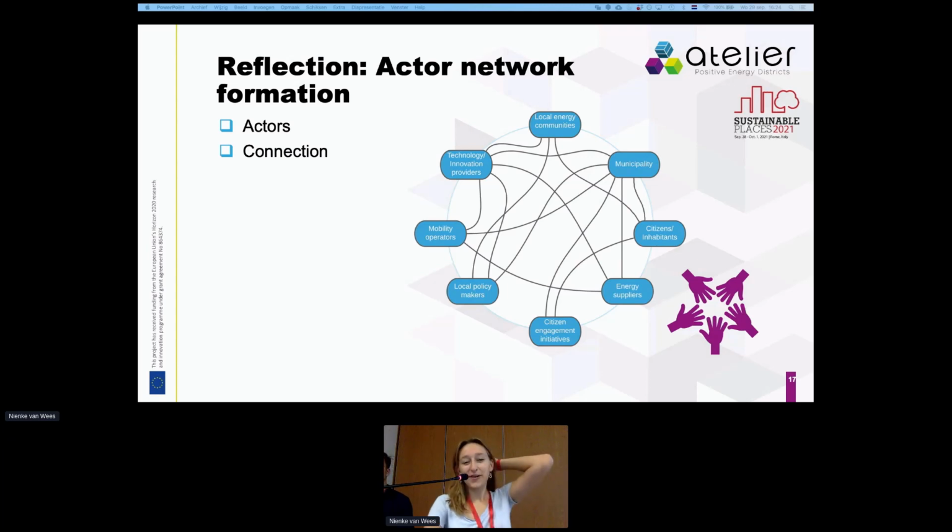Then I think we'll move on to the broker function. Who do you distinguish as a broker here? Did we come to that already? The policymakers, in our opinion, are above everyone else, the ones who influence the actions that will be made in the future or in the present.